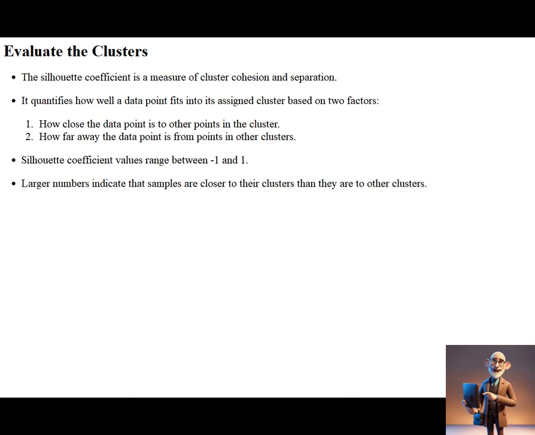It takes into account two crucial factors: closeness to intra-cluster points considers how close a data point is to other points within the same cluster. The closer the points are, the higher the cohesion within the cluster. Distance from inter-cluster points takes into account how far away a data point is from points in other clusters. This measures the separation between clusters.